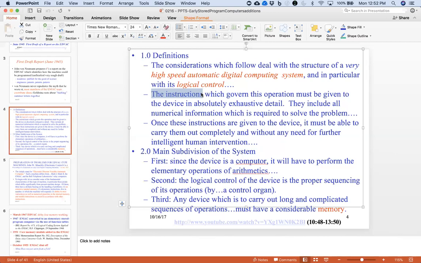Okay. So the third is that any device, and this is my favorite part here because it really brings it all together, which is to carry out long and complicated sequences of operations must have a considerable memory. So this is really the part of the definition that makes a computer much different than what anybody was thinking before von Neumann, Eckert, Mauchly, and others.